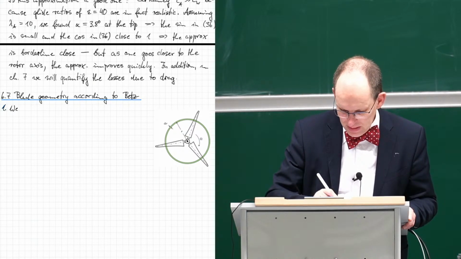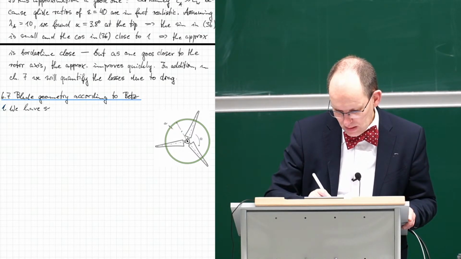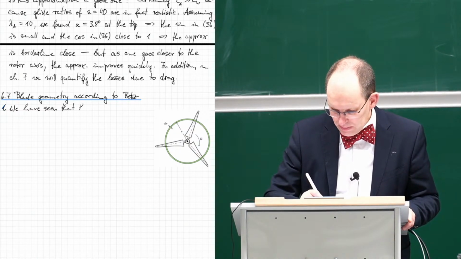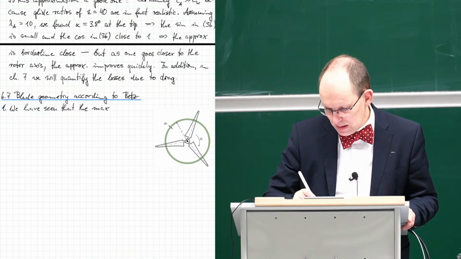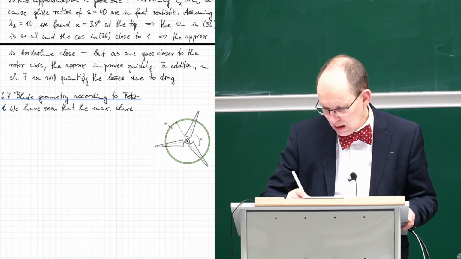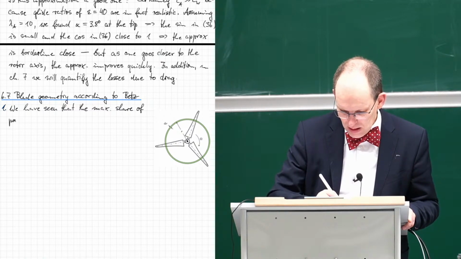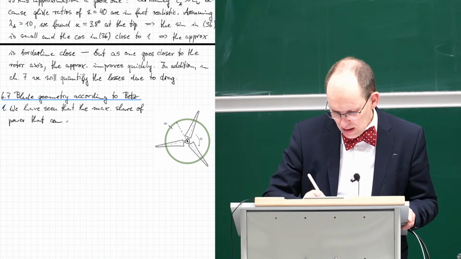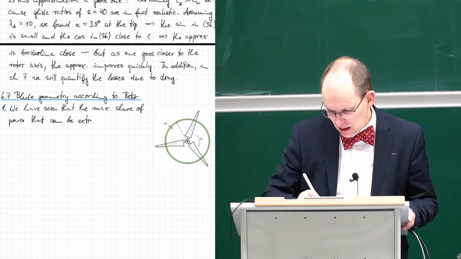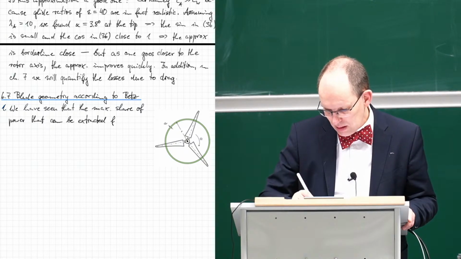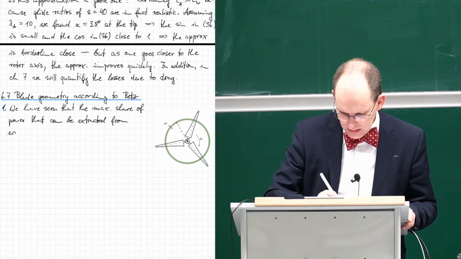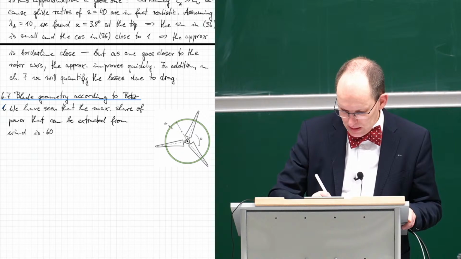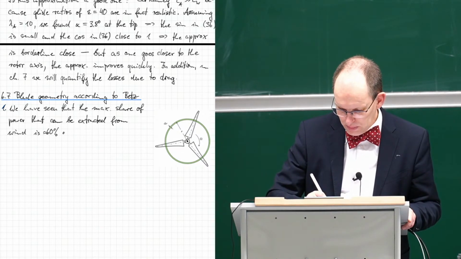So we have seen that the maximum share of power that can be extracted from wind is roughly 60% of the wind power.